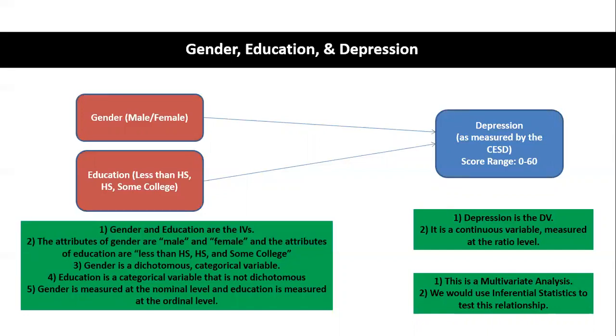So we don't get into multivariate analyses in this course. That is beyond the scope of this course. However, I do want you to understand that because there are 3 variables here, this would call for a multivariate analysis. And there is a whole group of inferential statistical tests that we could rely on in order to test this multivariate relationship.